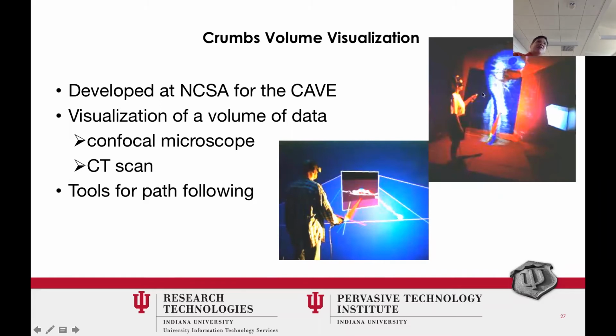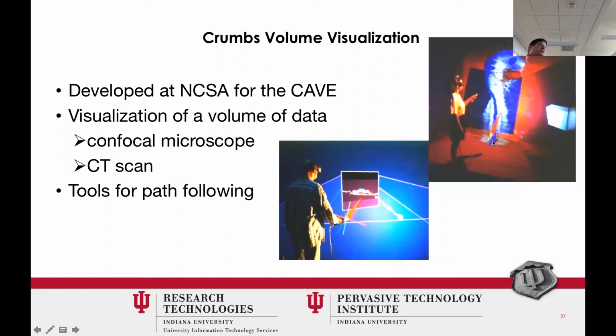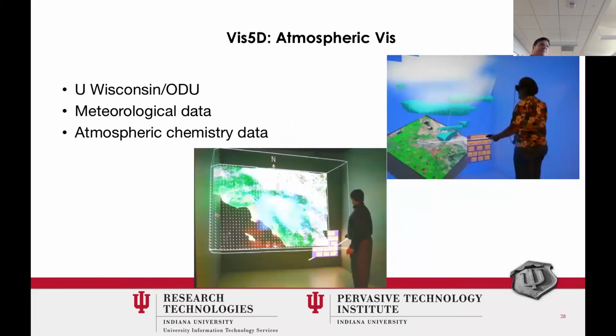And so since it's kind of curly and it's a little fuzzy data, you could like drop these little breadcrumbs, which is where the name comes from, and drop them along the path here, and then at the end have it report the length of that path. And so that was the task that she had and that she did in her study to find out whether people were better at it in virtual reality or not.